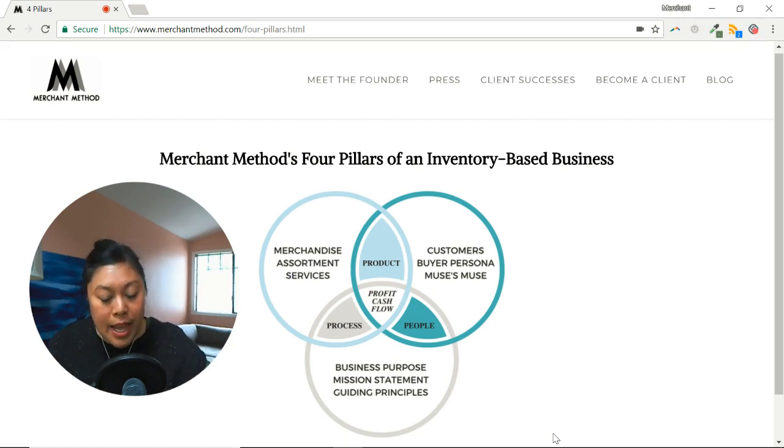And so what typically happens, if you look at this Venn diagram, is we're really trying to fine-tune message, right? We're trying to fine-tune people. And we might think that we've hired the wrong employees, or that we need to have better organic social engagement. In process, we may think that we need new apps or other software or a point of sale system, because something about our current process is wrong.